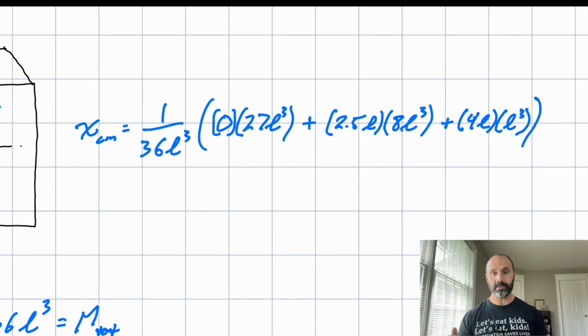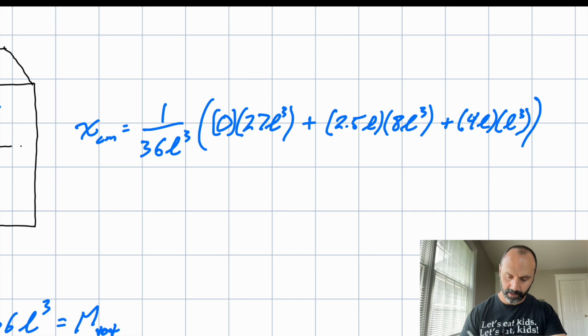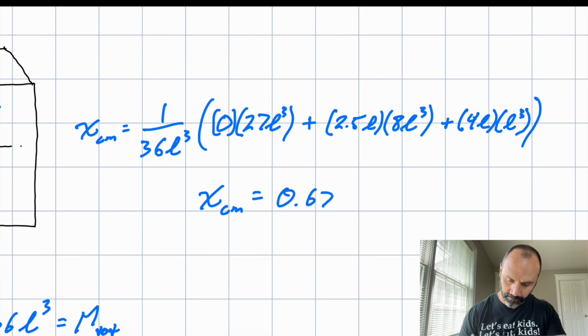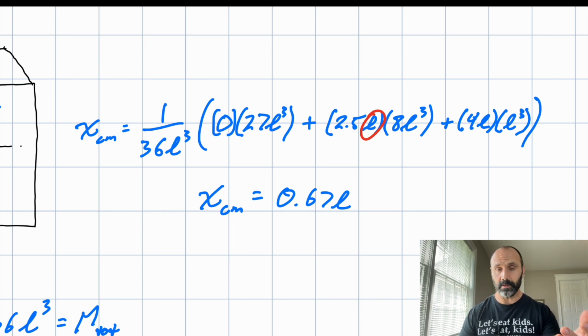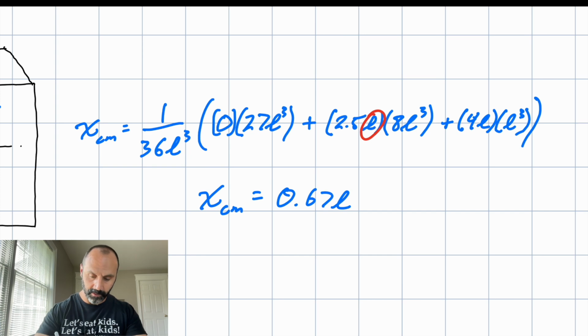And when you do this arithmetic, notice the L cubes cancel out, and the center of mass turns out to be 0.67 L. The L cubes cancel, but these L's stay there. I don't have any other particular units. I don't know if it's meters or what it might be.